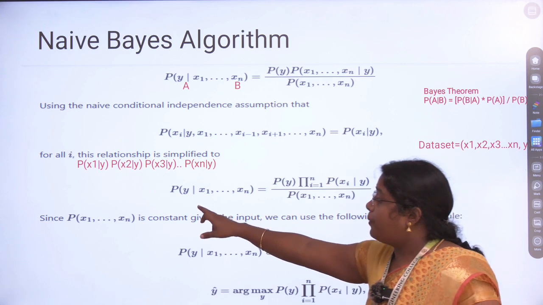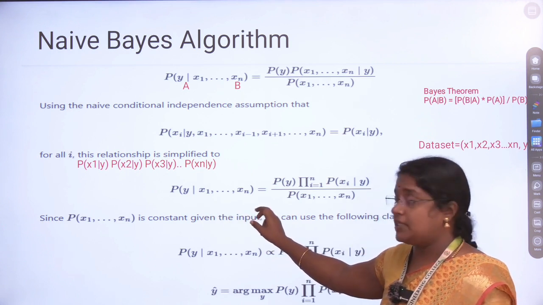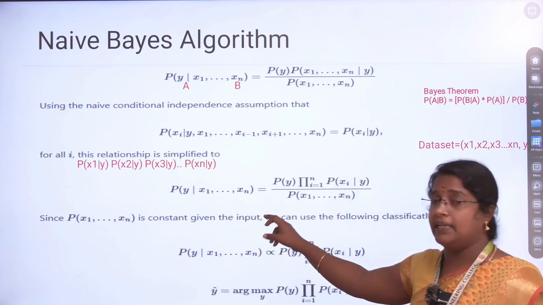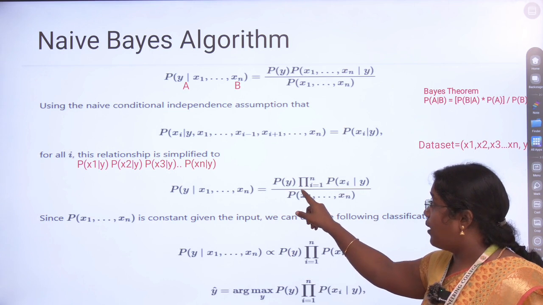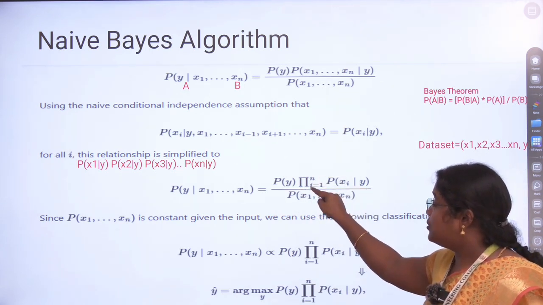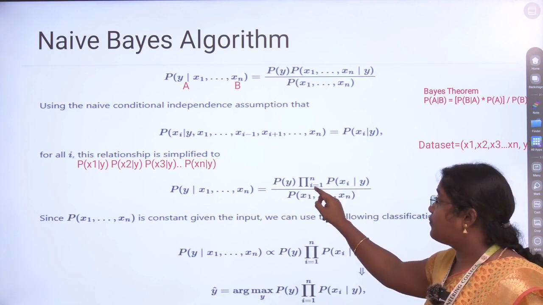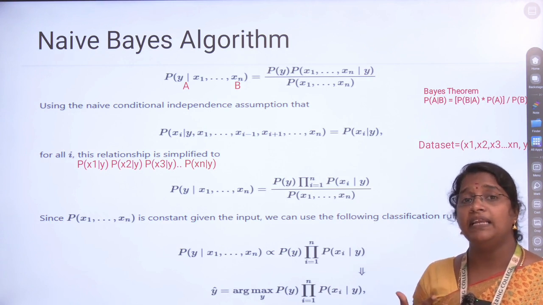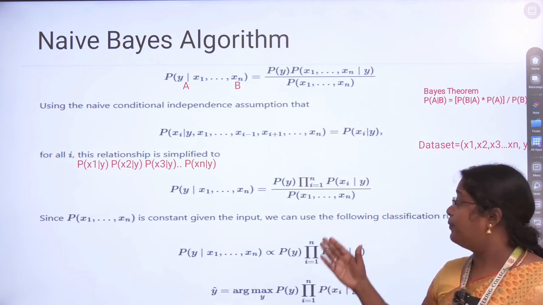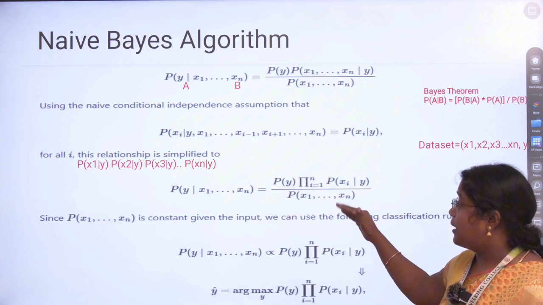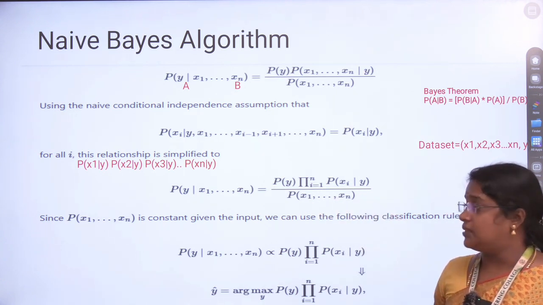That is, the posterior probability P of y given x1, x2 and so on xn is equal to probability of y into pi of P of xi given y. The i value ranges from 1 to n, because for any data set we have n number of input features. That's what we mentioned, i ranges from 1 to n. That's divided by probability of the input features.